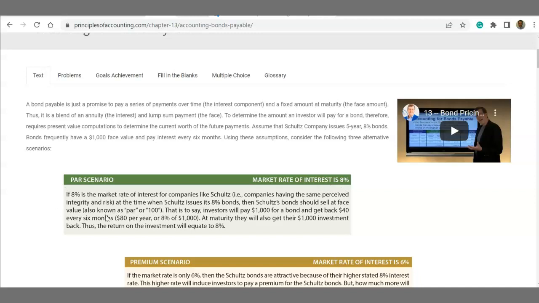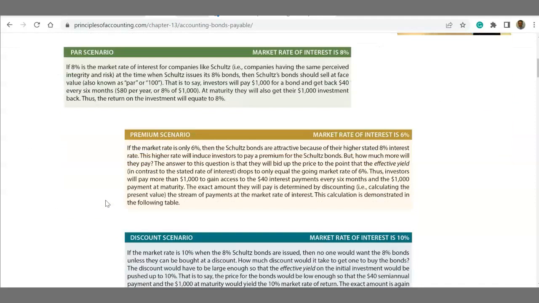So here we have three possible scenarios. One of them is issuing a bond at its face value or par. That means the bond interest rate and market interest rate are the same. So here market is 8% and bond is also 8%. Both interest rates are the same.